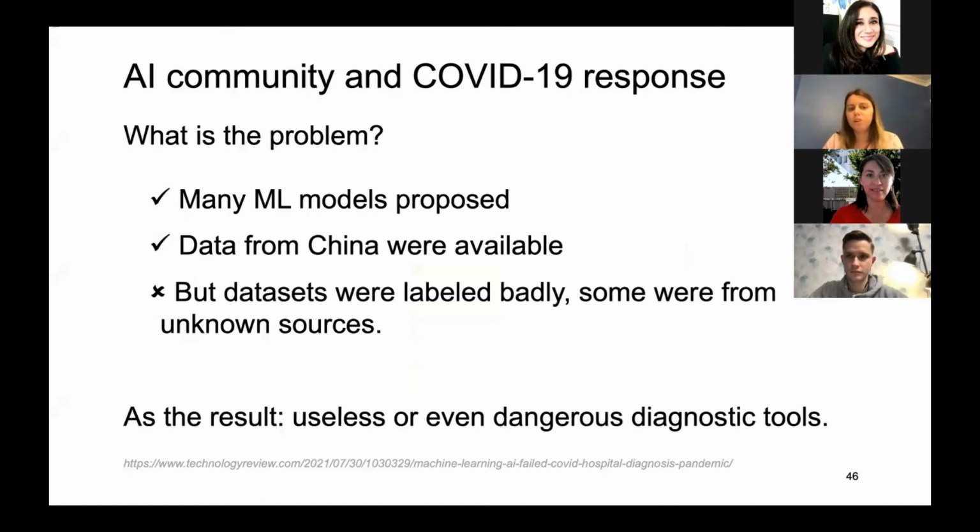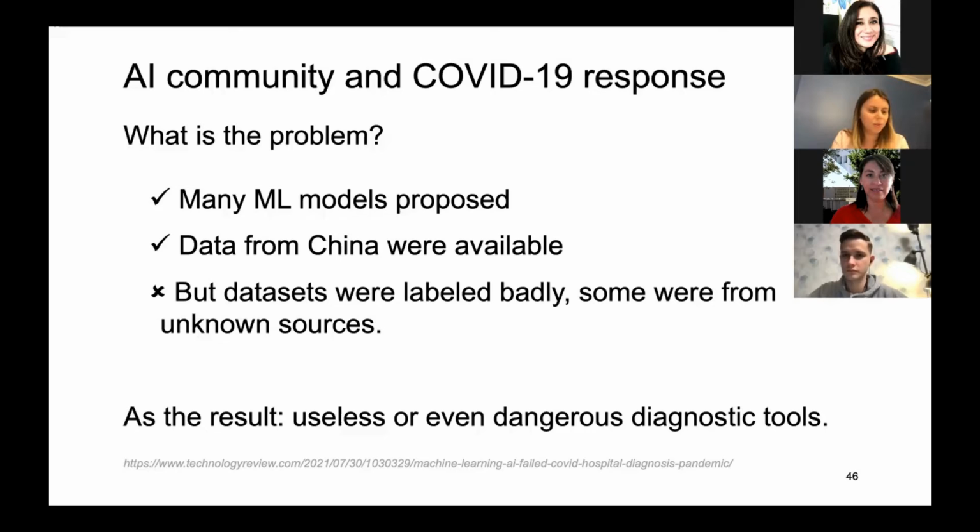Many models were proposed, and there was enough data from China, but the data sets were labeled badly, and some of them were from an unknown source, and it turned out to be useless. But not only useless, even dangerous, because when we talk about diagnosis, it's very important to be right.